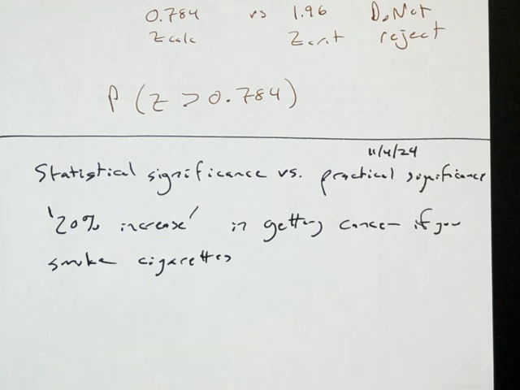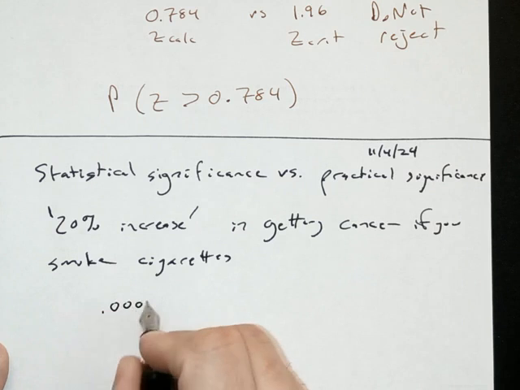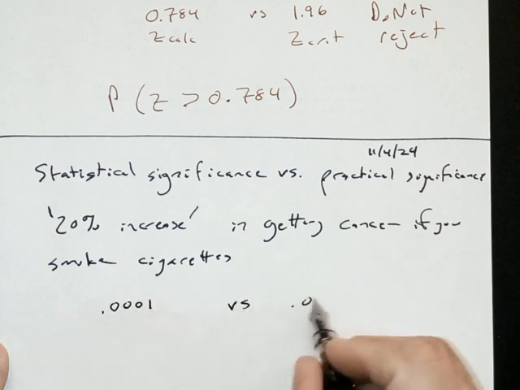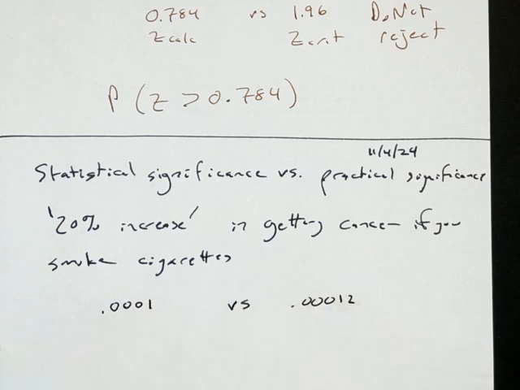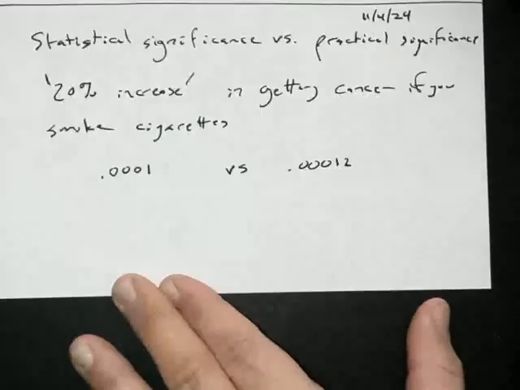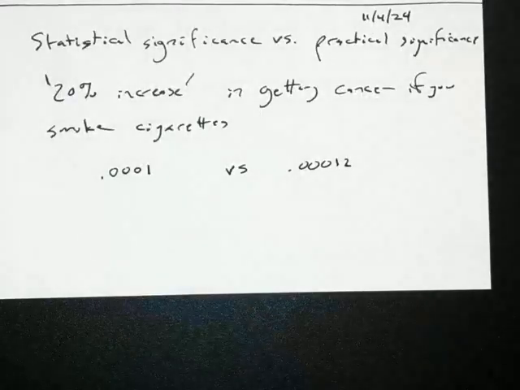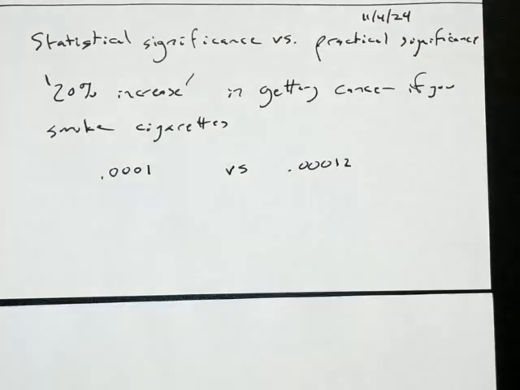Because in the actual medical study, the chance went from 0.0001 to 0.00012. That is a 20% increase. The chance went from 10 in 100,000 to 12 in 100,000.